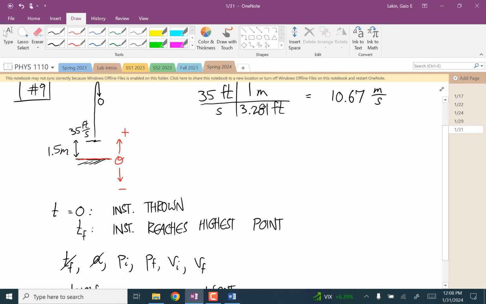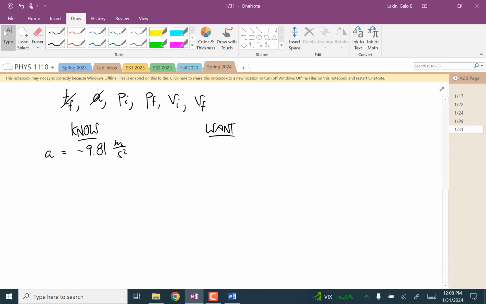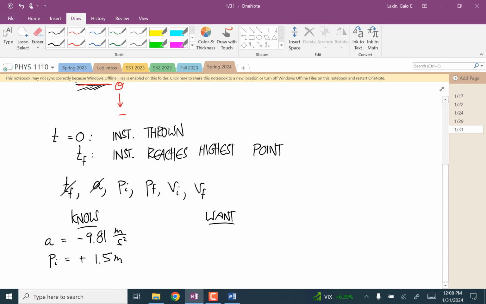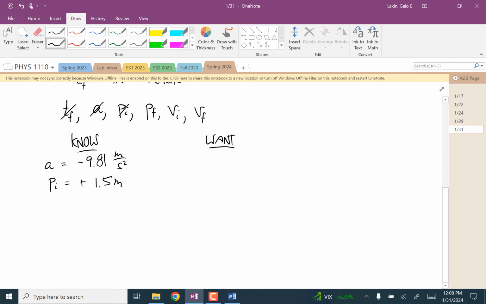P initial. Well, now we know that at time equals 0, this thing is 1.5 meters above the ground. 0 is the ground, and up is positive. So this is 1.5 meters in the positive direction from 0. So PI is 1.5 meters. PF, that's the position at time final. That's what we're trying to find, so I'm going to write that over here.